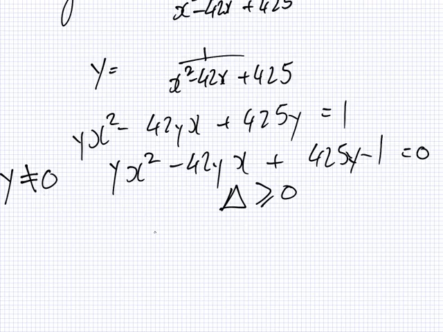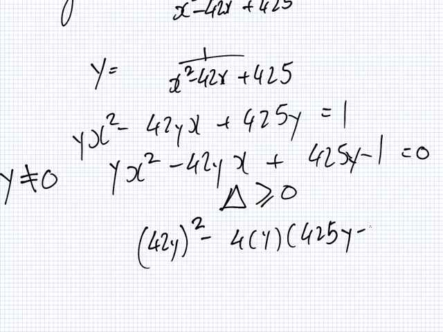So I have b. But if it equals 0, is that okay? Yes, because it has one solution. So b squared minus 4ac. Yusuf, can you square 42, please? 1764.